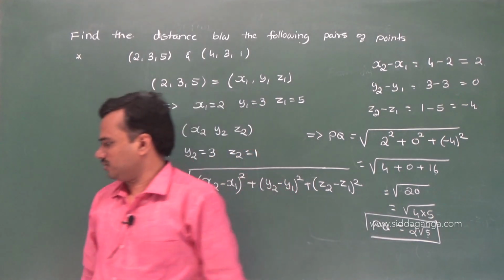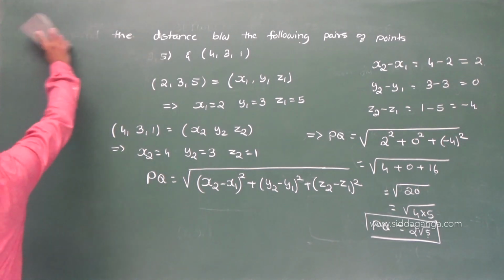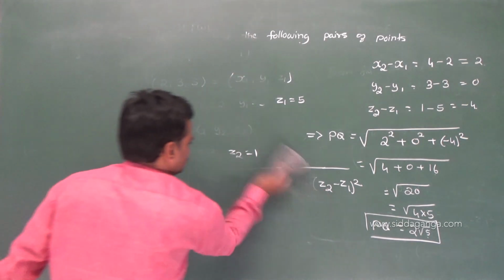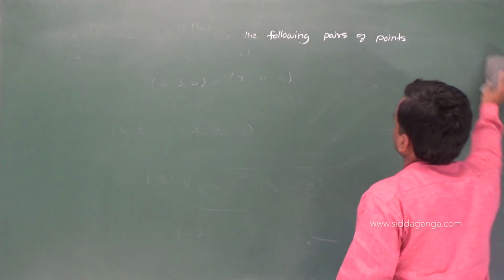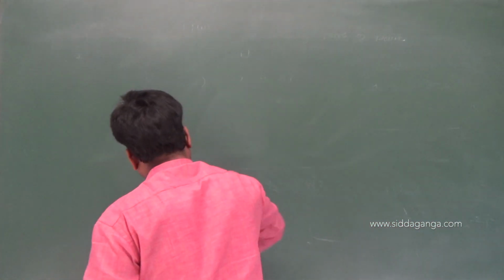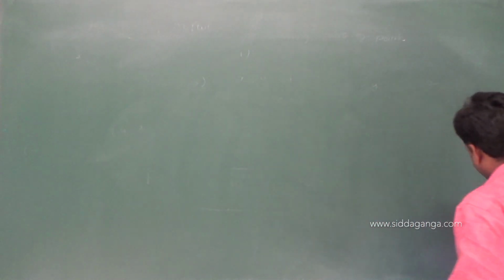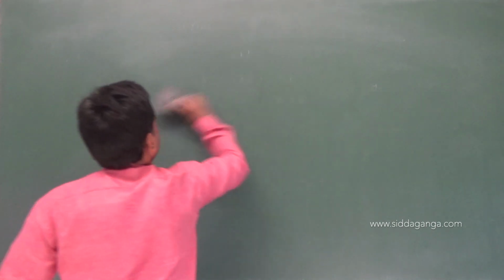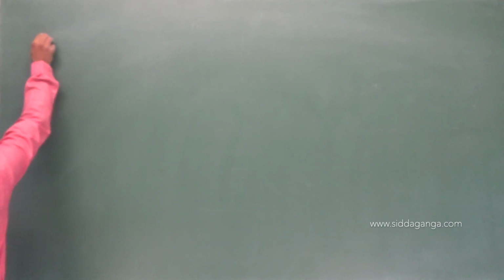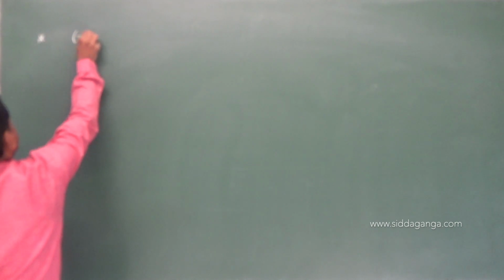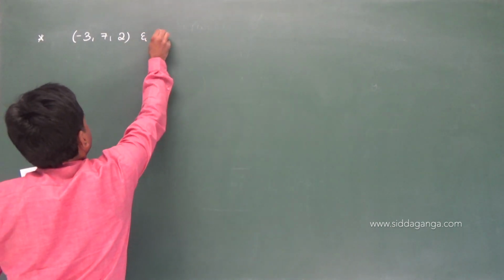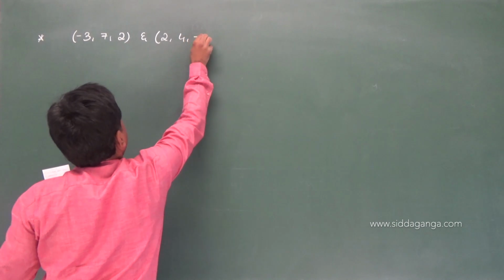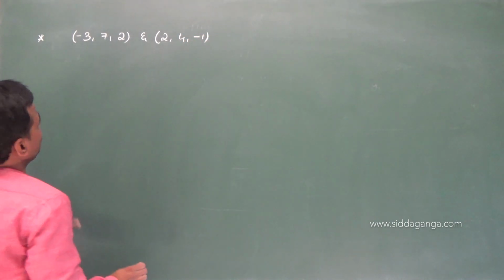We solve one more problem of the same type. The next problem is the second problem: minus 3, 7, 2 and 2, 4, minus 1. Same method.